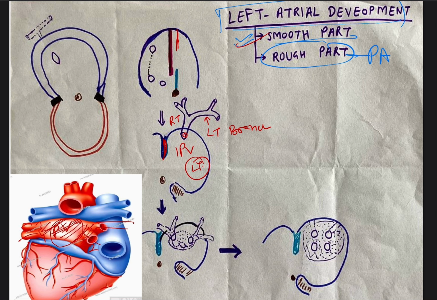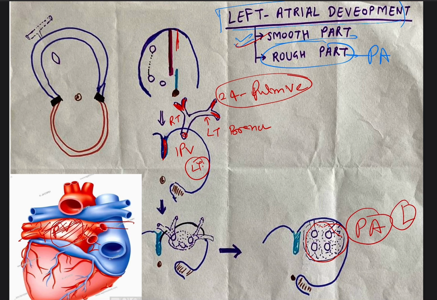If we trace further backward, then each branch subdivides into two sub-branches, meaning a total of four pulmonary veins. All these four pulmonary veins get absorbed like this into the posterior surface of the left part of the primitive atrium and form the smooth part. Okay friends?